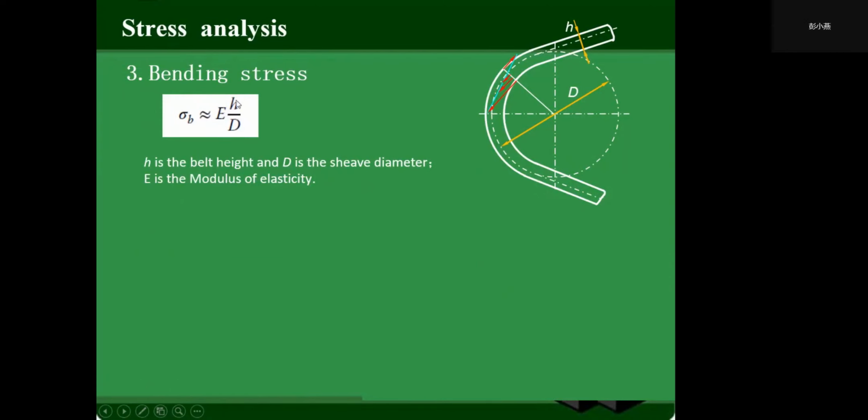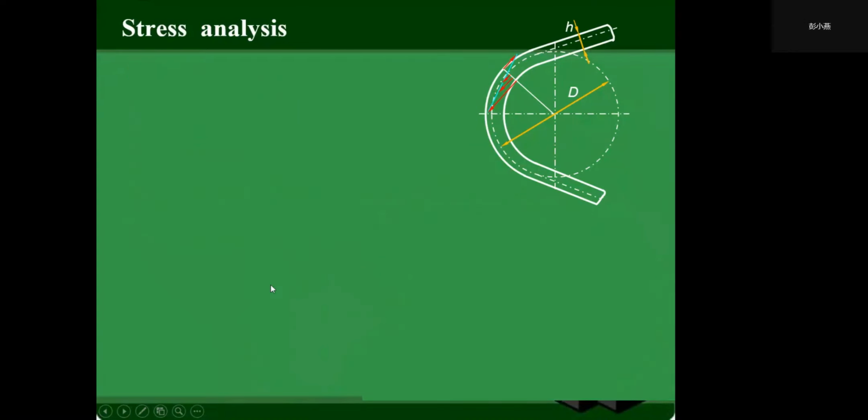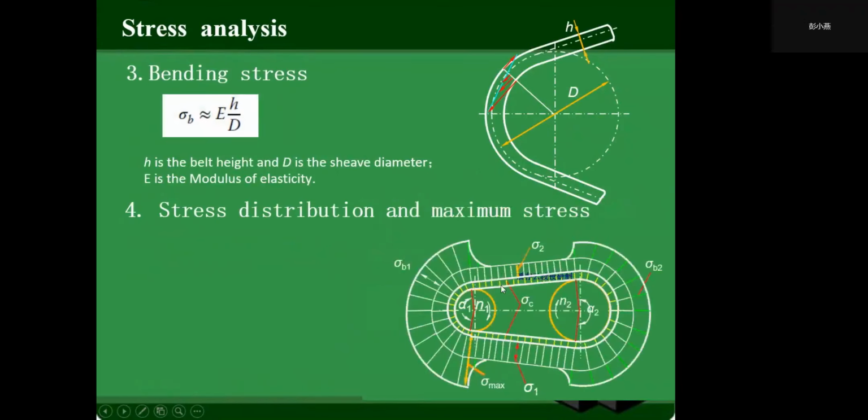Use this equation, where H is the belt height, D is the sheave diameter, and E is the modulus of elasticity. And then we can obtain the stress distributions. This is the centrifugal stress, and this is the tensile stress.